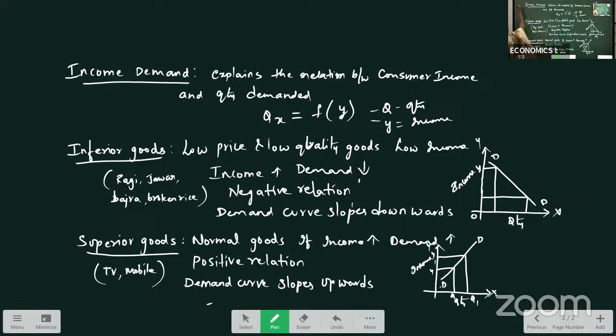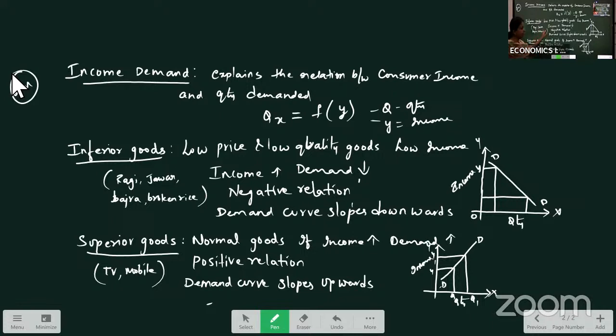These are very, very important for 2 marks. Either they may ask income demand or inferior goods or superior goods. So when you get this question for 2 marks, for example inferior goods, what will you write? Inferior goods are the goods which are low priced or which are preferred by people when their income levels are low.